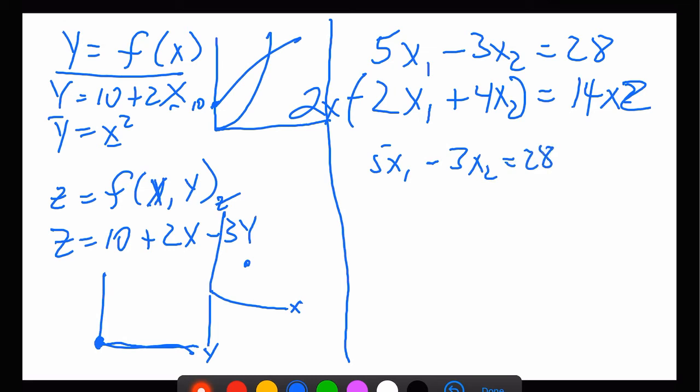And we have, that's a times, not an x. We have minus 4x1 plus 8x2 equals 28. Ooh. All right? So we could do that, and then we can play with it.